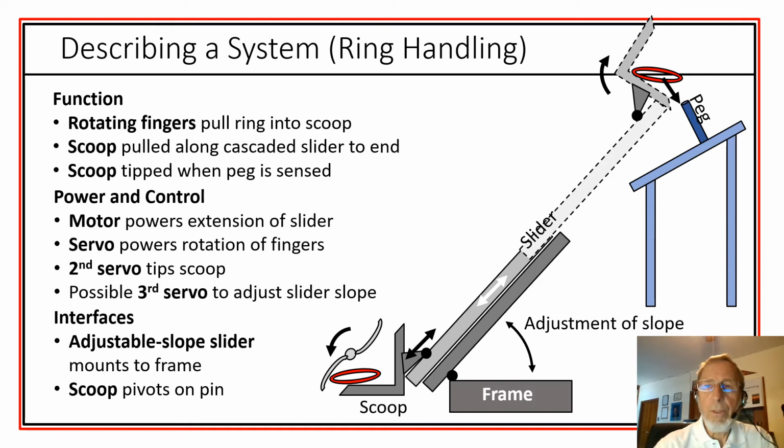And also, since the scoop is going to pivot for dumping the ring, we'll need to make sure that the scoop is mounted on the pin and there's a servo mounted in such a way that it properly will tip that scoop. So in describing the system, we need a good visual, explanation of function, components, interfaces, things that help the reader understand what is intended here.